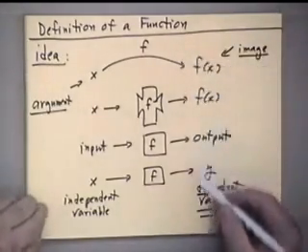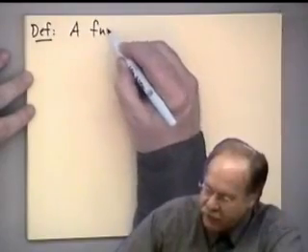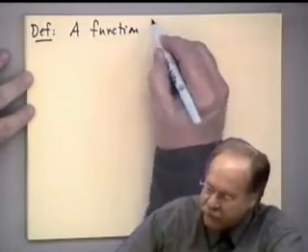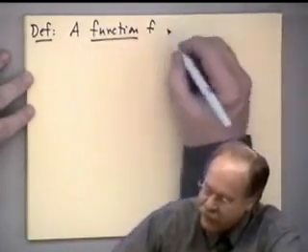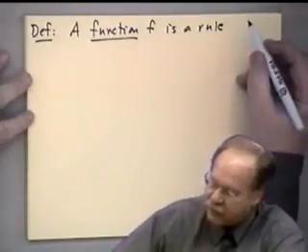So with that in mind as a reminder of the idea, let us go ahead and write down the proper definition of a function and use that from here on. So a function, f, is a rule of some kind that has to satisfy a certain property.